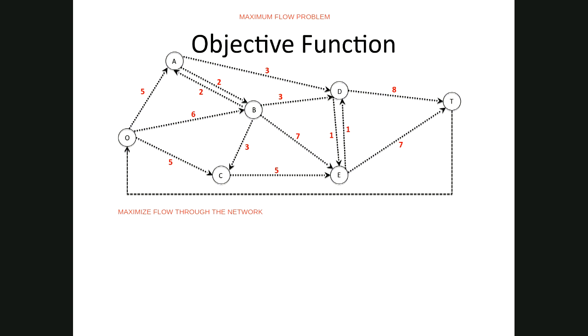But that's going to be, Z is going to be equal to TO. So we have one term, and you'll remember TO is the amount of water flowing from T to O. So our objective function now is just this one term, T sub O, which is the water that passes along this arc.